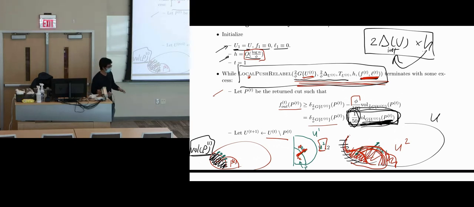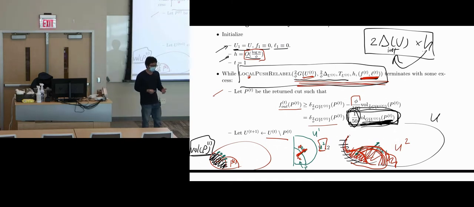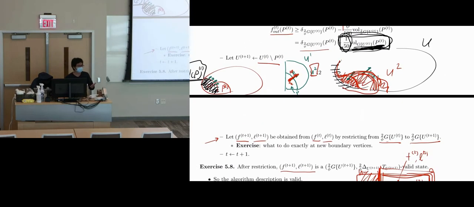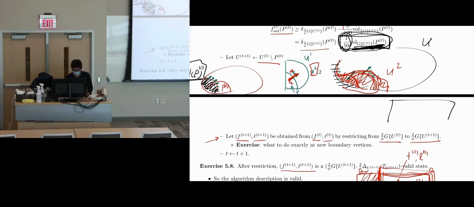This is hand wavy. I will put it into the notes to make it formal. But you see that the great thing about push relabel is that it's just so flexible.